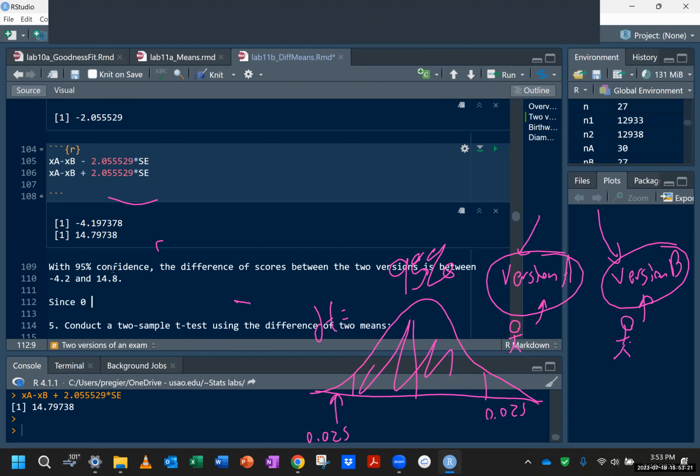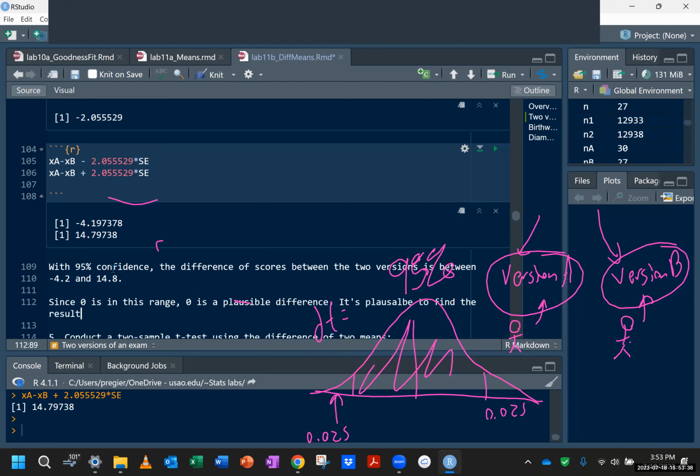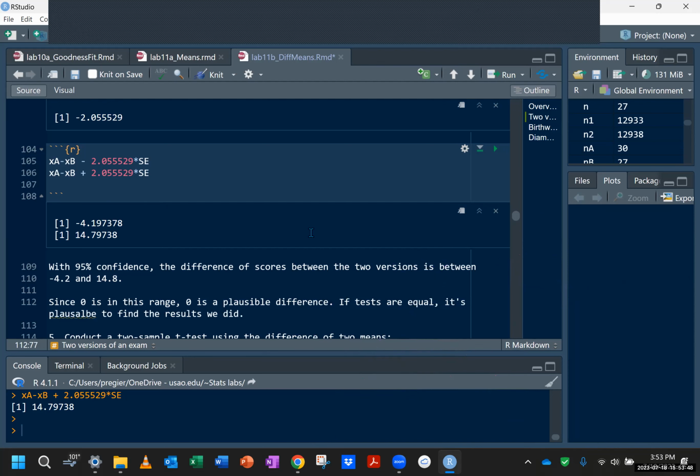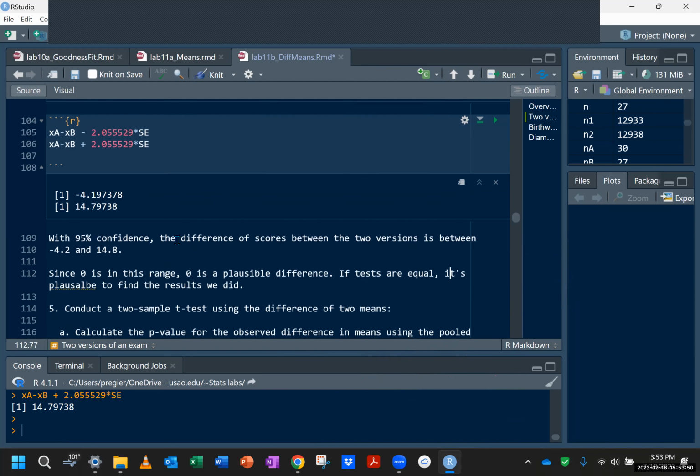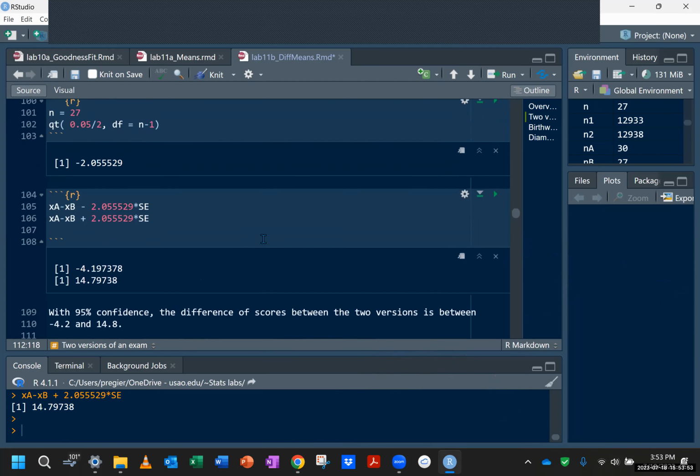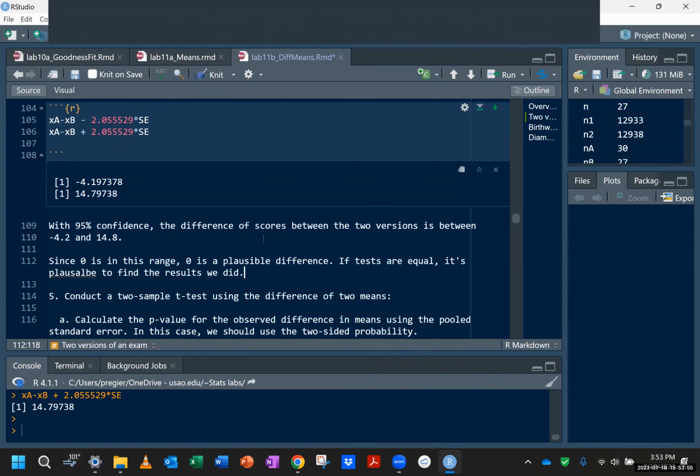Now, since 0 is in this range, 0 is a plausible difference. This means it's plausible to find the answers we did. I should say, if the tests are equal, it's plausible to find the differences that we did. That's our 95% confidence interval. So make sure you take care to get all these steps.